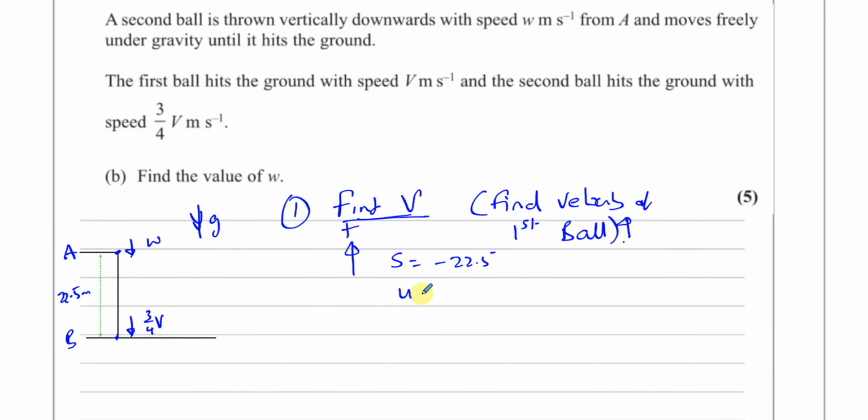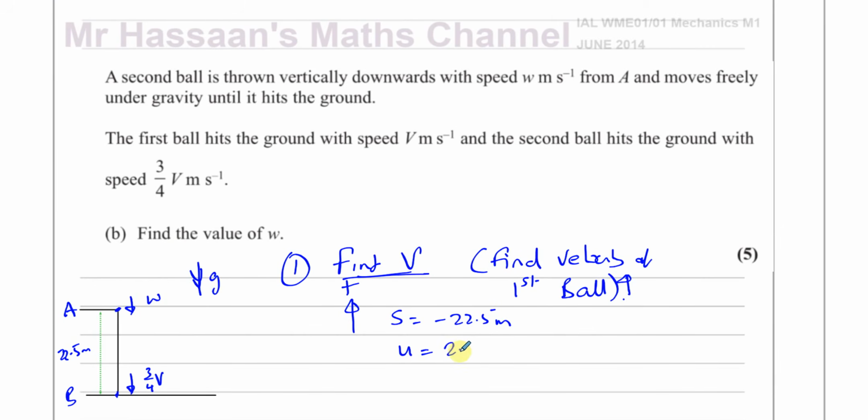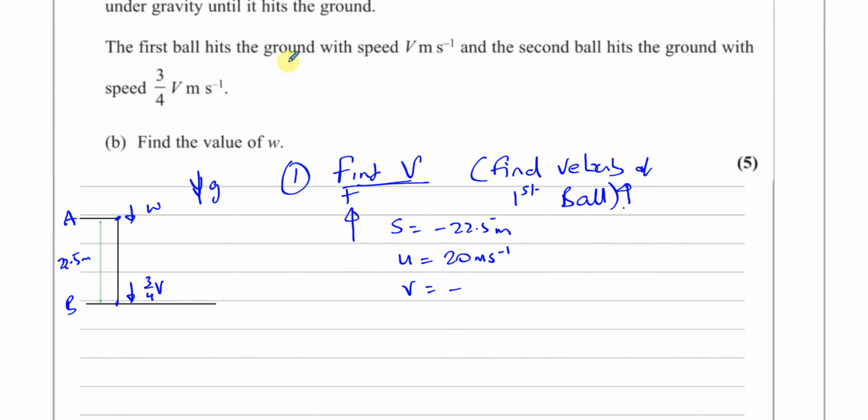S is negative 22.5 meters, that's the displacement. The initial velocity was upwards 20 meters per second. The final velocity was downwards, which we have to find, that's capital V. Acceleration is negative 9.8 meters per second squared, because I'm dealing with the first ball here. And the time was 5 seconds, that's how long it took to hit the ground.